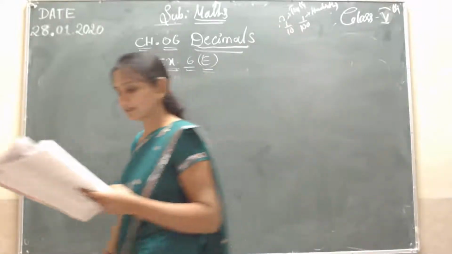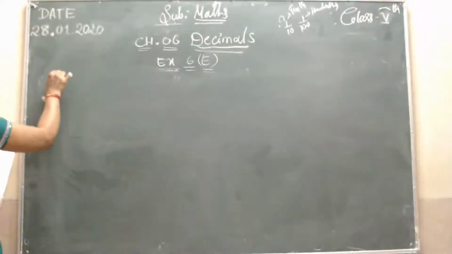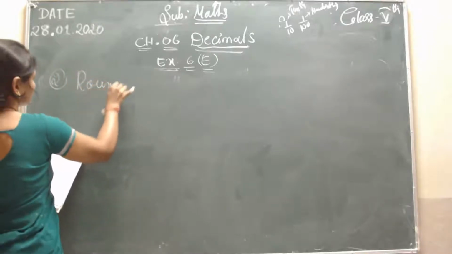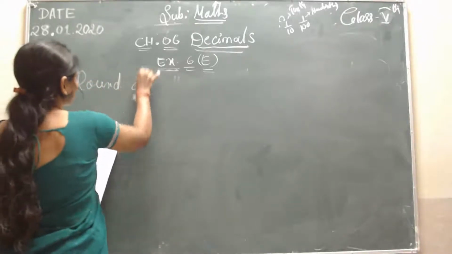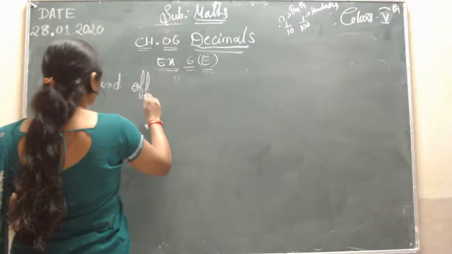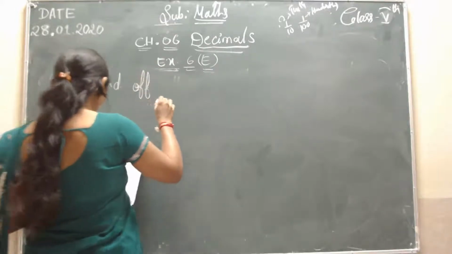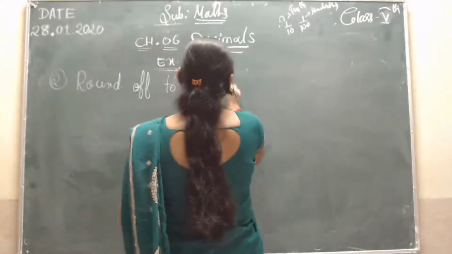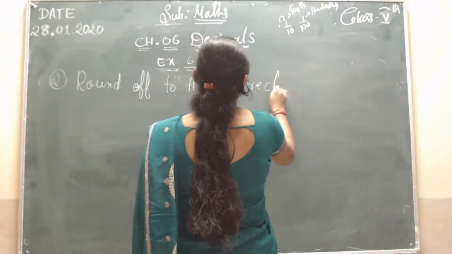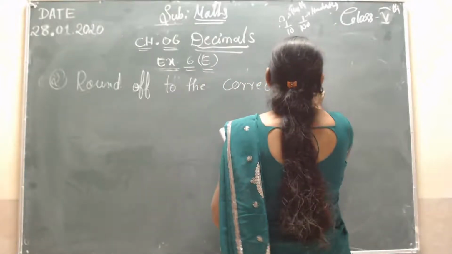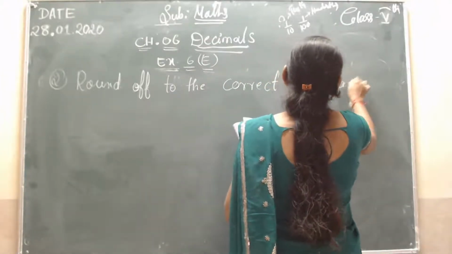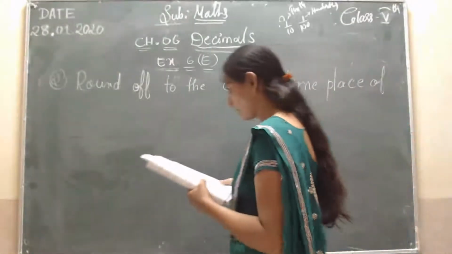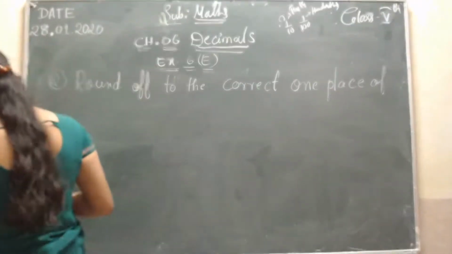So in the next main question, that is the second, round off. Students, round off to the correct 1 place of decimal.